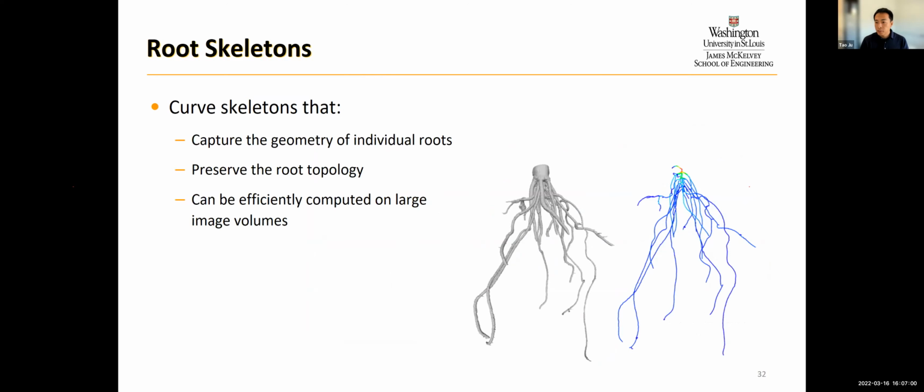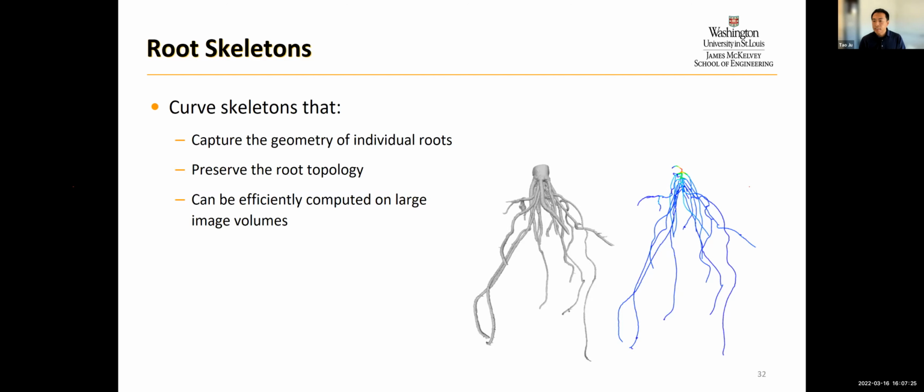And more importantly, in order to analyze hierarchy and branching, we want the topology of the root in the reconstructed root model to be exactly preserved by this network of curves. We don't want this network of curves to create additional components or additional cycles in the graph, so that we can accurately analyze its hierarchy.